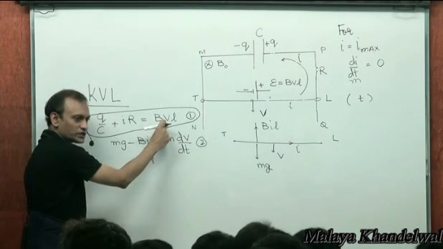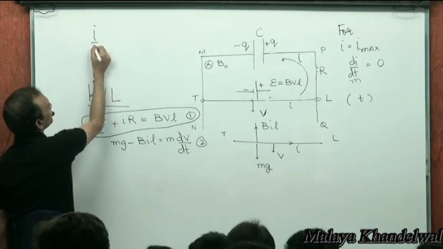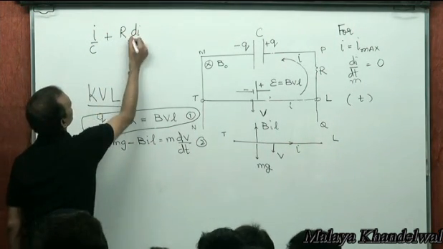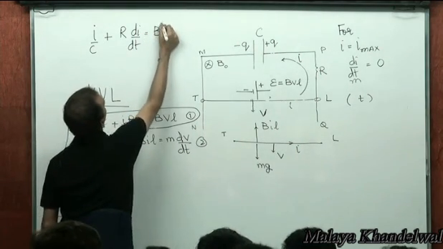That would be the equation when I differentiate this with respect to time. So I get I by C plus R dI/dt equals BL dv/dt.